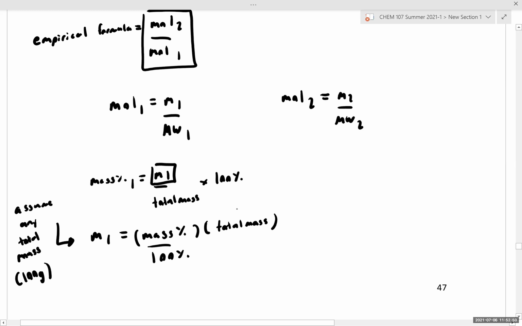You can pick any total mass you want in reality. Does everyone see how we rearranged this equation to solve for the mass of element 1? Does that make sense to everyone? We can calculate the mass of an element from the mass percentage and the total mass. Does that make sense?